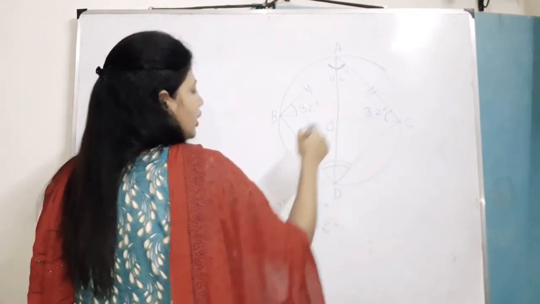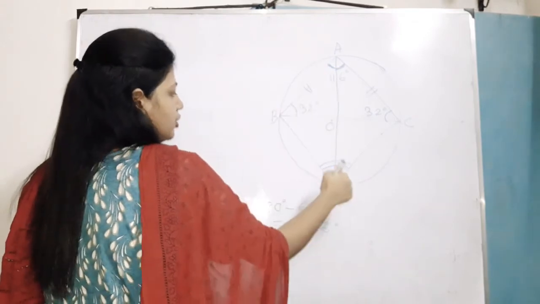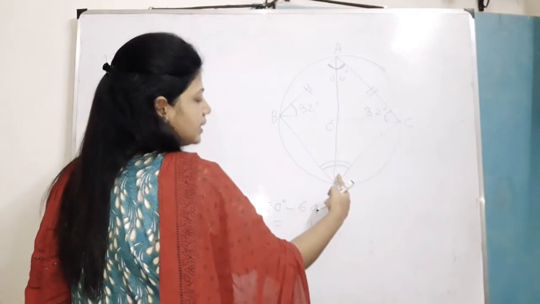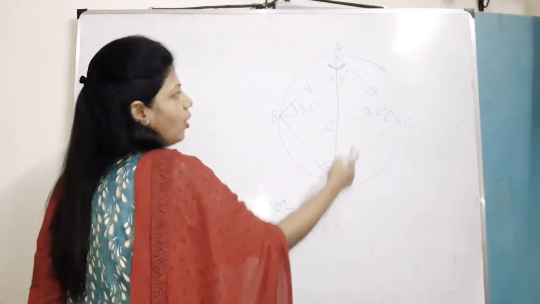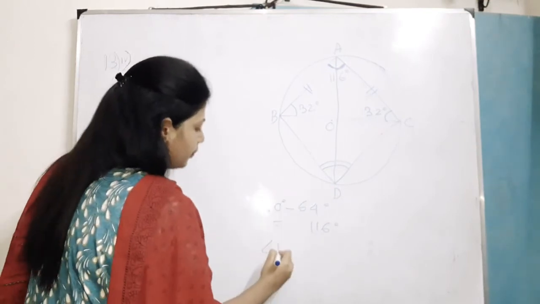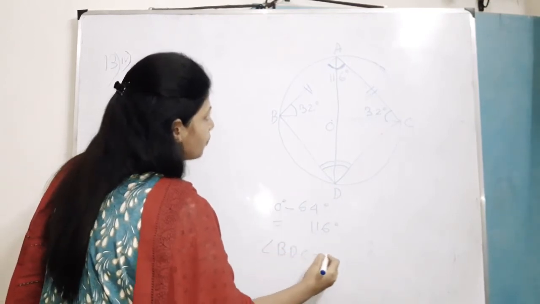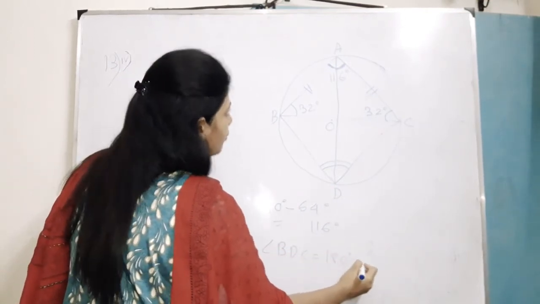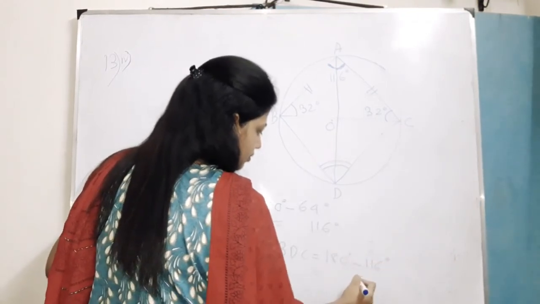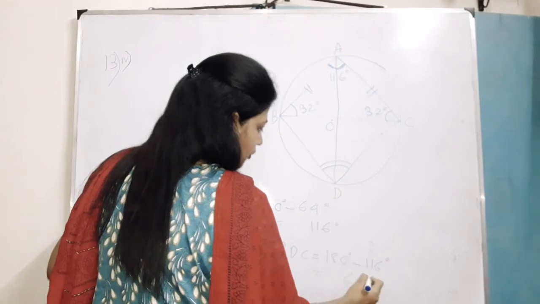We know that in a cyclic quadrilateral, angle BAC plus angle BDC equals to 180 degree because opposite angles are supplementary, that's why. So angle BDC equals to 180 degree minus 116 degree, 64 degree.